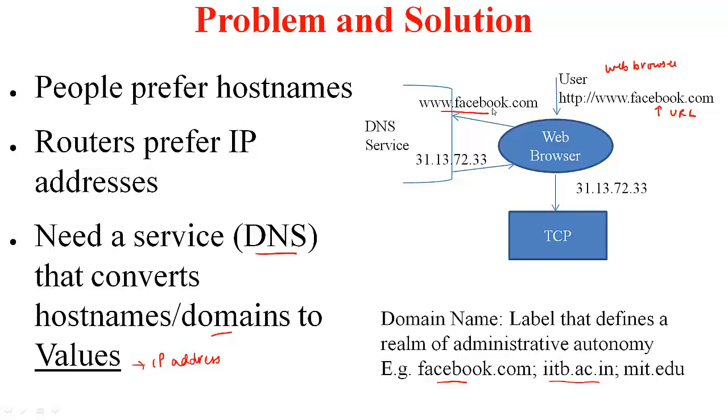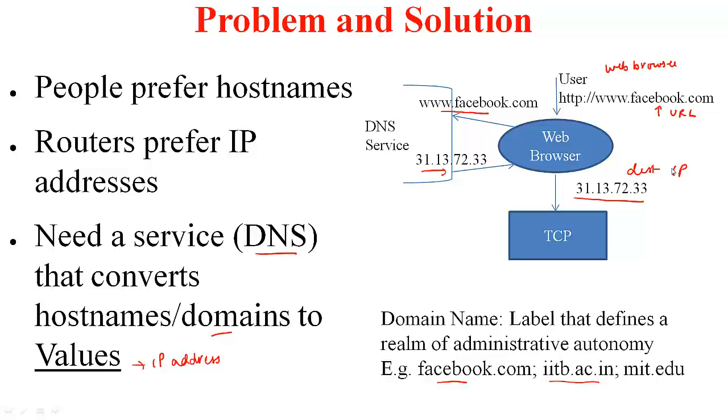And this DNS service is going to get back with an answer that says that this is the IP address corresponding to this host name. And once you get this IP address, your web browser then is going to establish a TCP connection to Facebook's web server by specifying to TCP what the destination IP address is.